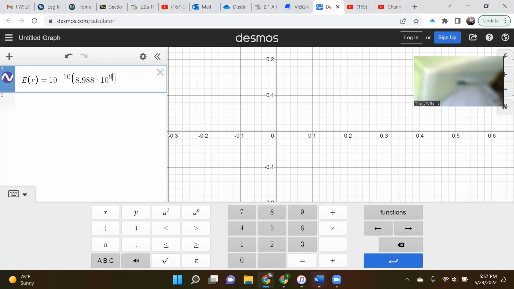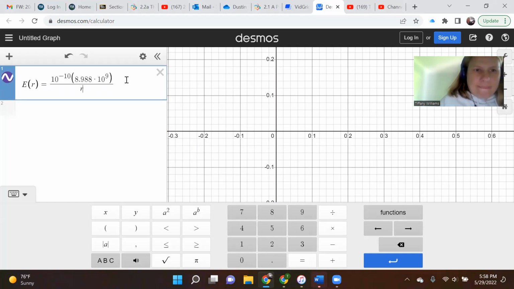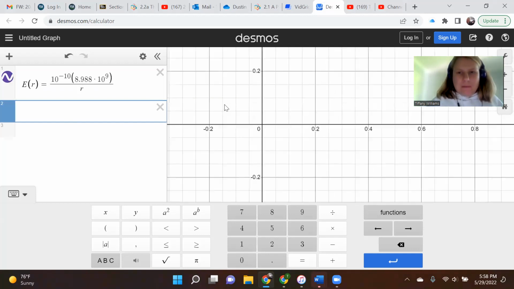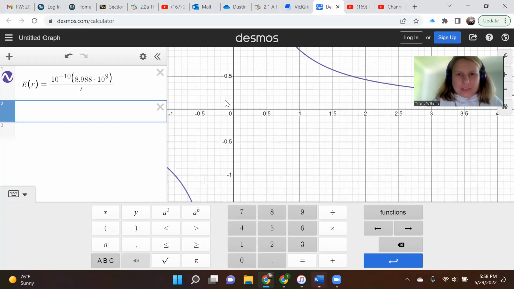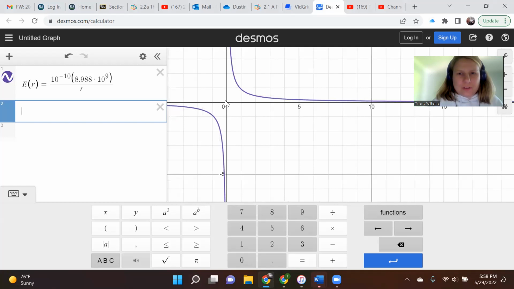Is that the whole number? Yep. And then all of that is going to be divided by r squared. There we go. Okay. So let me back out here. Where's my graph at? There's my graph.